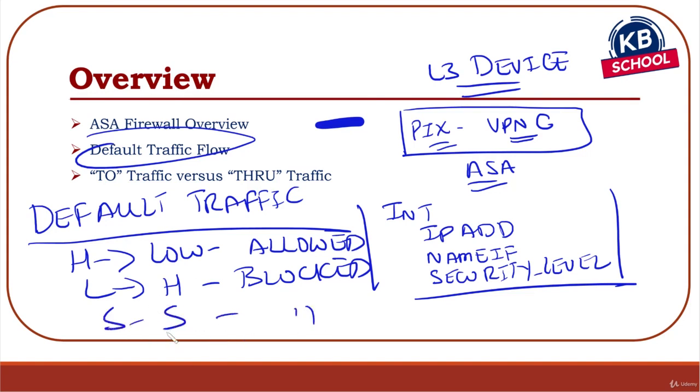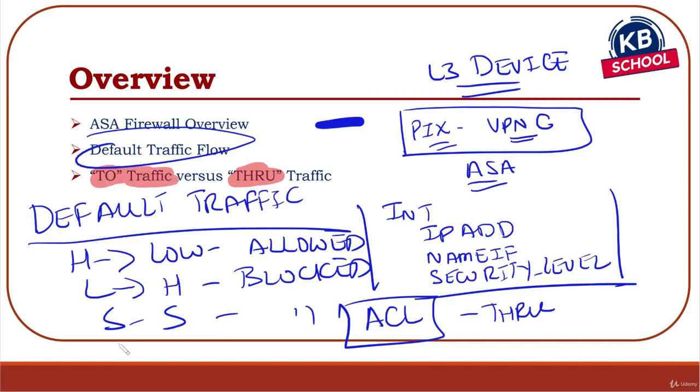And how do I make an exception to traffic flowing through the firewall from low to high? It is done by using an ACL. All right? The ACL, although it controls through traffic, it does not control to traffic. That was the last item that we talked about. If you want to control to traffic, it is done by enabling or disabling a service.